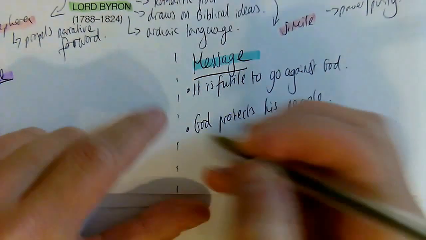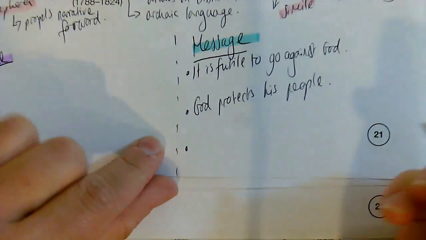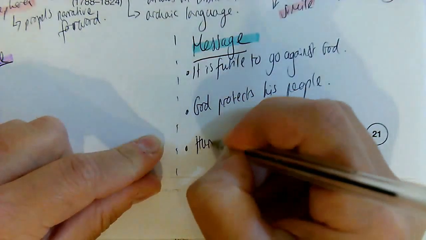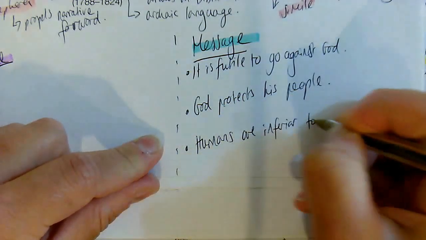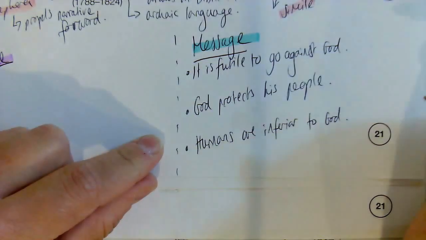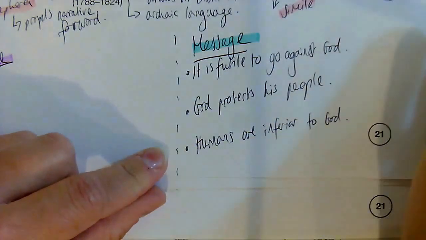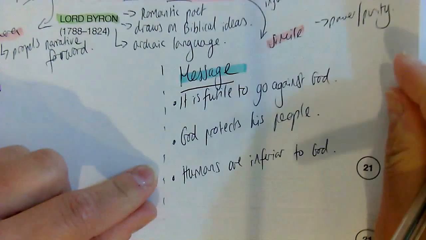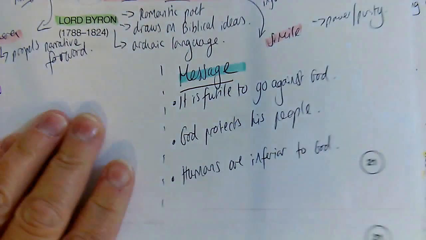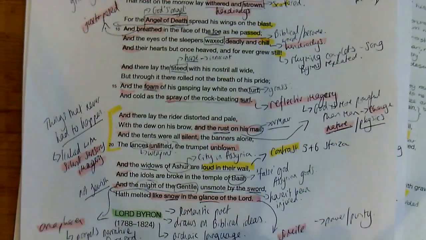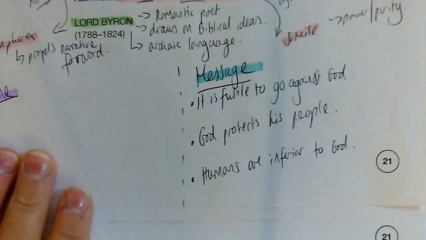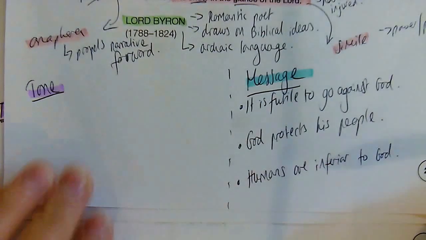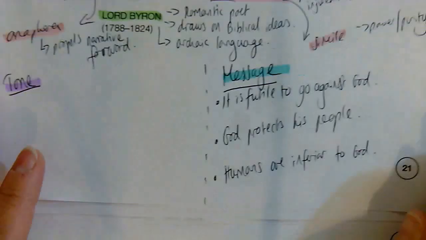And perhaps as a more general message, Byron's making the point here that humans are inferior to God. I think they're the clear messages throughout this poem, okay? As you look at these messages, it's important to tie in all of the analysis that we've just looked at, both structural, form, rhythm, rhyme, language, into these messages. You can't, in your essays, just write these 3 things and expect to get 100% marks.